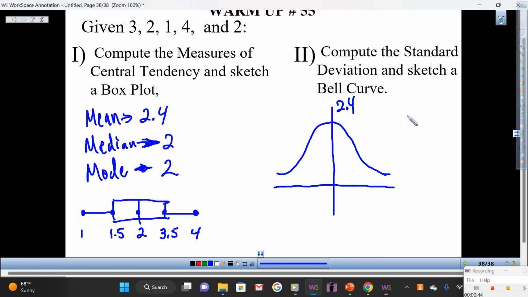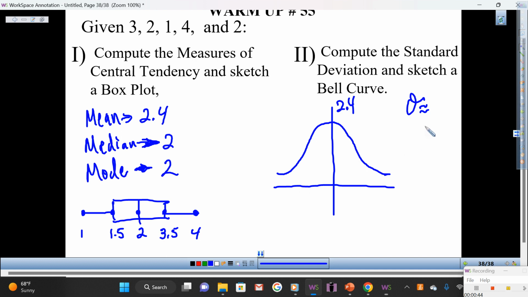The mean is 2.4. Tell your neighbor the standard deviation, and see what they got. Approximately what? Standard deviation. All right, Andrew, pass someone.